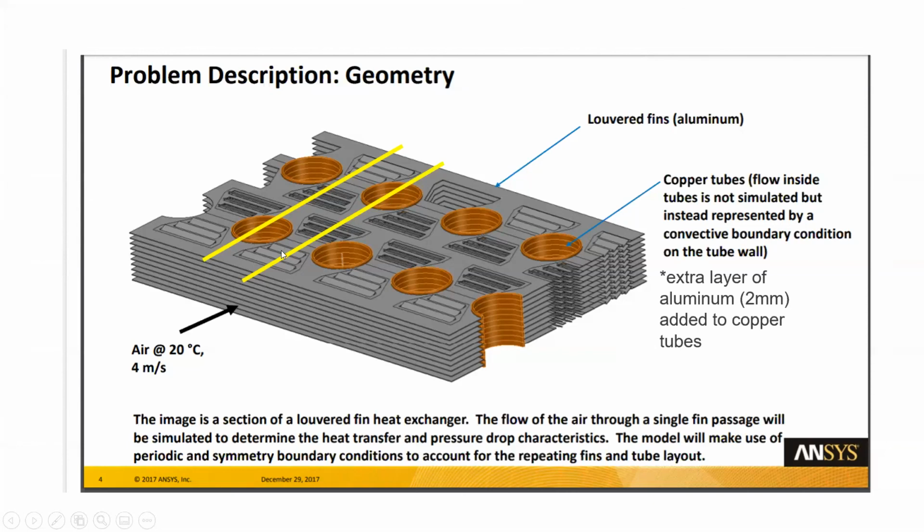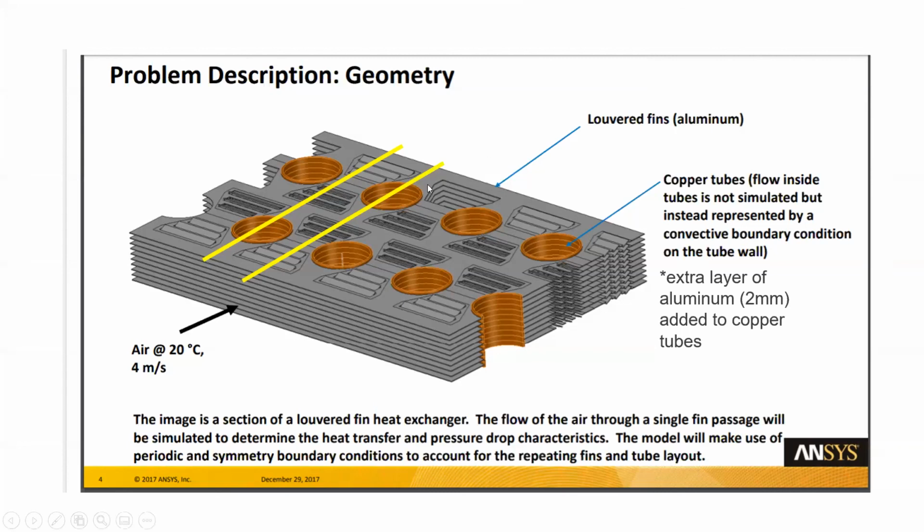And we can do that with the help of symmetry boundary condition and a periodic boundary condition. What we're basically doing is we're going to model the flow over just one pass of this heat exchanger. And we're going to be assigning periodic boundaries at the top and at the bottom. And we're going to be assigning symmetry boundary conditions on the side.